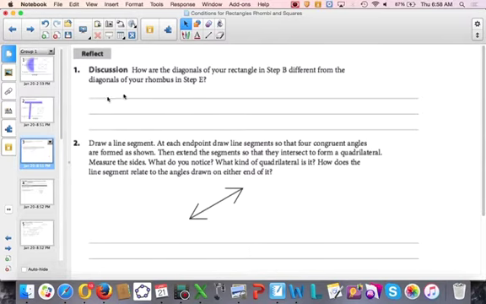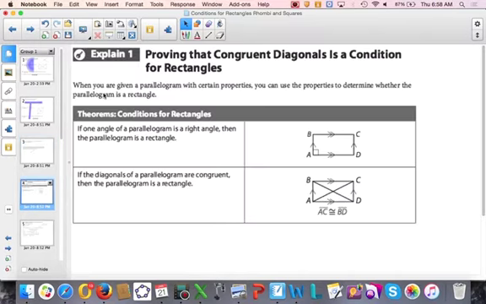How are the diagonals of your rectangle in step B different from the diagonals of the rhombus in step E?